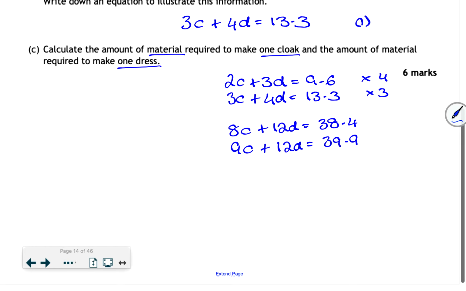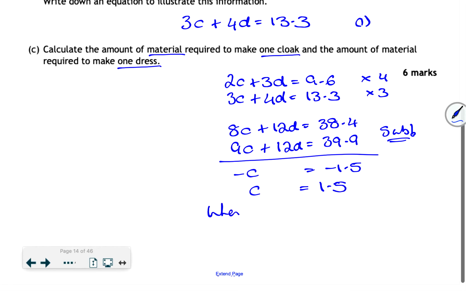So we'll get same sign, so we're going to subtract. So it's going to be minus C is equal to 38.4 minus 39.9, which is minus 1.5. Always make sure you solve for positive one of the variable. So therefore C is equal to 1.5.